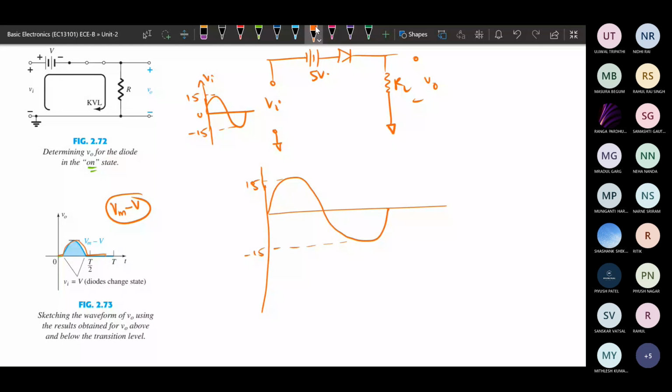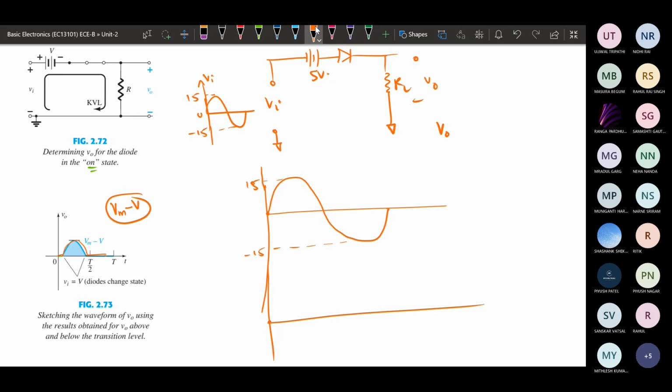If we apply 0 voltage here, it is still positive, meaning the diode is on because it already has a 5 volt supply. So even if the input is 0, the diode is on. Whatever the input voltage is, the diode is on.